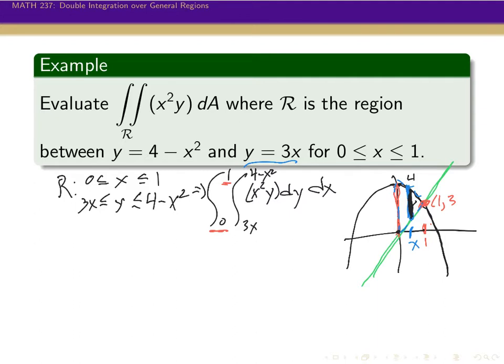So we're integrating in terms of y. So the integral of x squared times y in terms of y, the x squared is a constant. Integral of y goes to y squared over 2. And then we're evaluating this from 3x to 4 minus x squared.